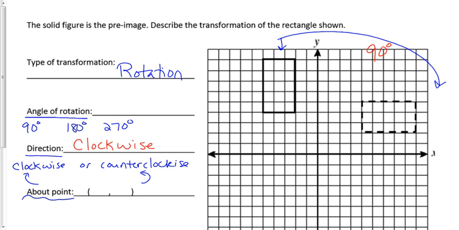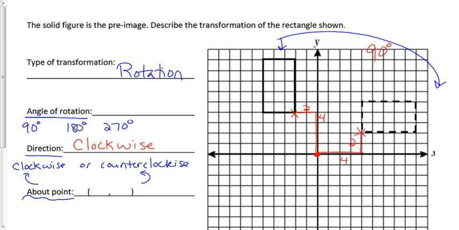But basically, when I start at this point, and most of our rotations are going to be about the center, just to key you in. When I count to this point that I've got an X, I count up 1, 2, 3, 4, and then I count over 2. When I actually complete a rotation, I reverse those. So I would go over, instead of going up 4, I would go over 4. And instead of going left 2, I would go up 2. And this is where that point ends up.